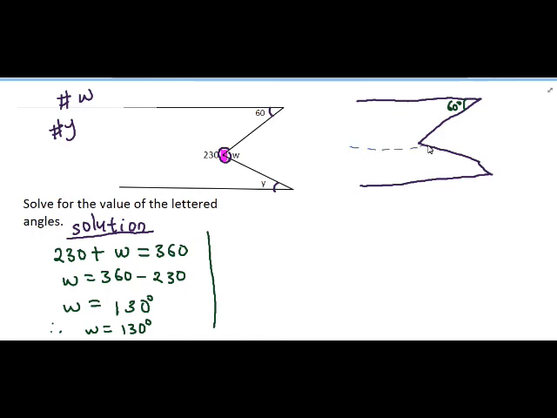If I dissect this line, remember, I know that W is giving me 130 degrees. I have that in mind. And remember, we are solving for Y, right? We don't need this 230 here again, so we can just get rid of it. We're done working with it.